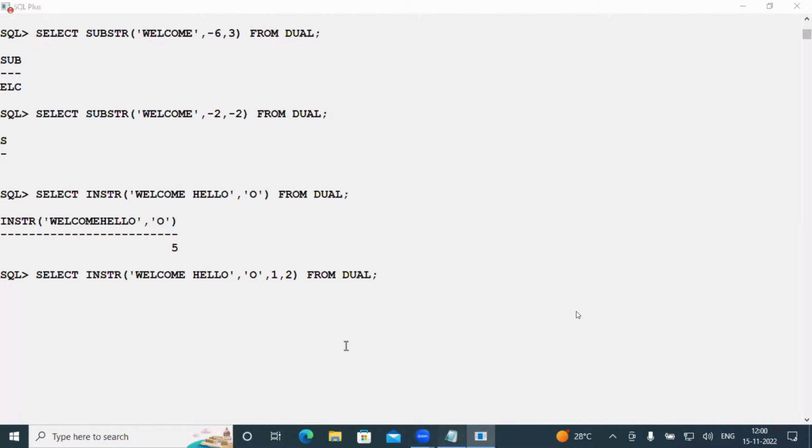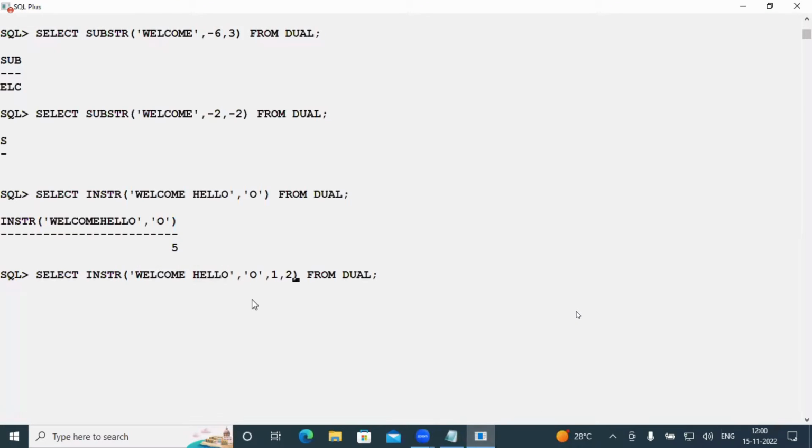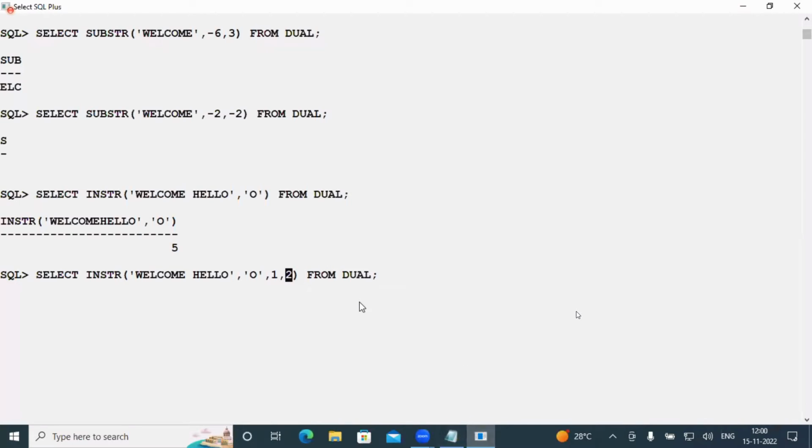Okay. Syntax, observe. String. From this string, what did I require? O. Which position of O is required? Second. Because here, see, the occurrence position of the character. Which occurrence?